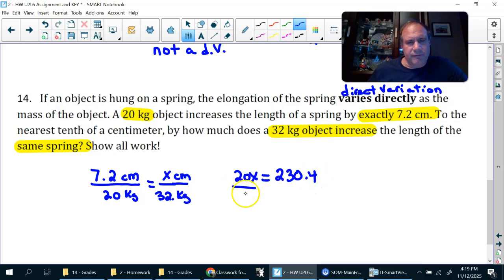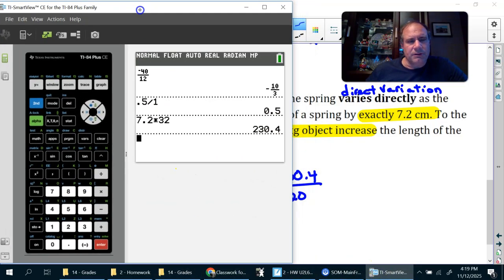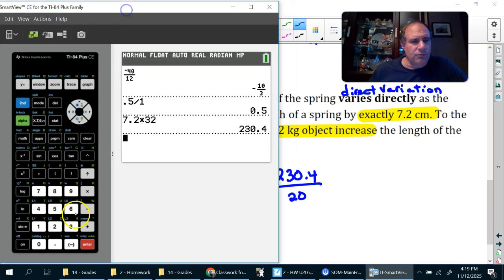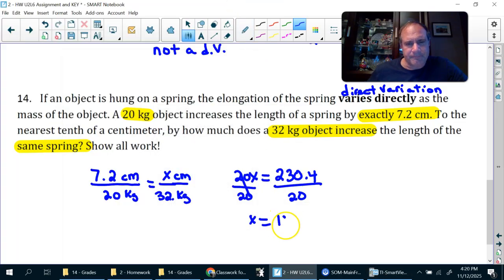All right, so divide by 20, and we'll see what x comes out to be. But just remember, you have to have the length rounded to the nearest tenth. So that's 230.4 divided by 20, and it comes out to 11.52.